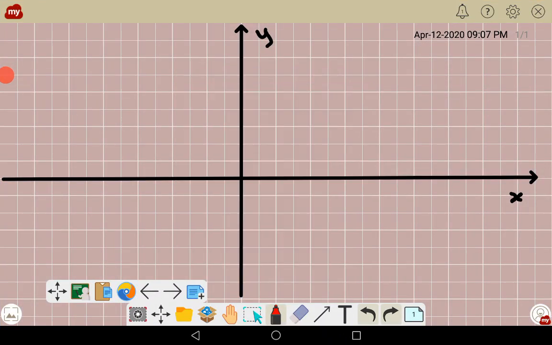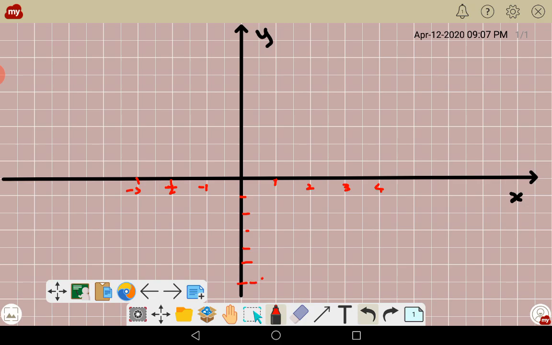Okay. Here remember, this is 1, 2, 3, 4. You can write negative 1, negative 2, negative 3 here. You can write this as 1, because I don't think there are 6 units. 3, 4, 5, 6.